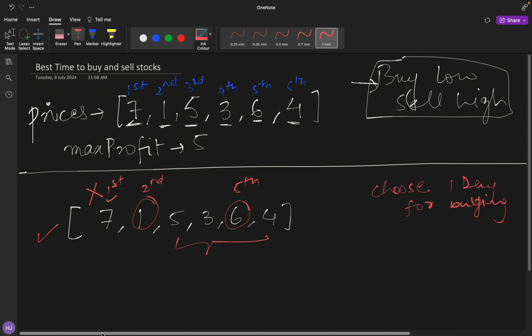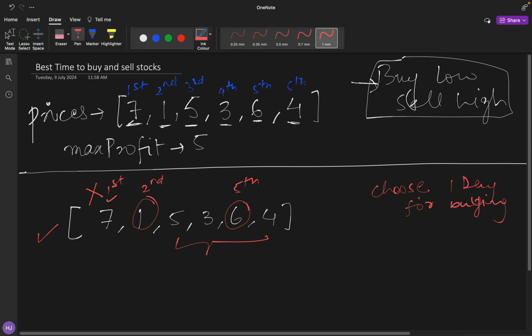The day on which we buy is the second day, and the day on which we sell is the third day, because in the question we have the freedom of buying and selling on any day. But it's an obvious thing that we will sell the stock in the future only.